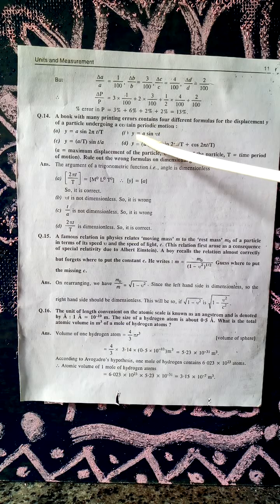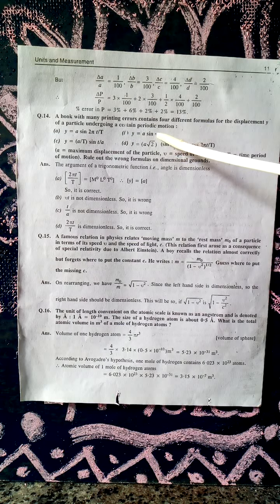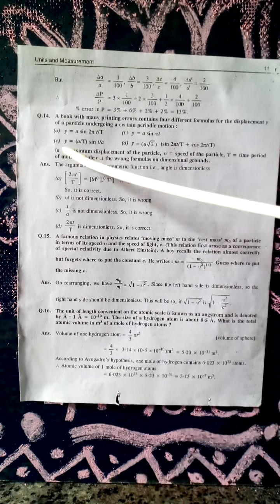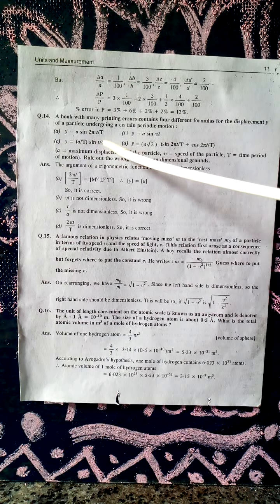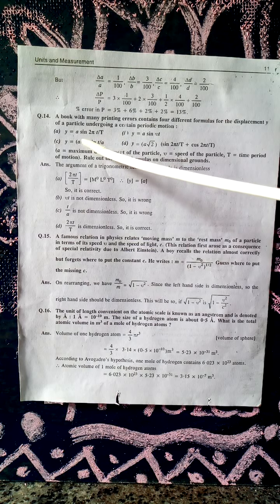Coming to y is equal to a sine vt. Vt is not a dimensionless quantity because velocity has some dimension, and time also has dimensions. Then it is wrong. Coming to y is equal to a by T sine t by a. T by a is not dimensionless because t has unit second, and a has unit meter per second square. So this is not dimensionless, so it is wrong.